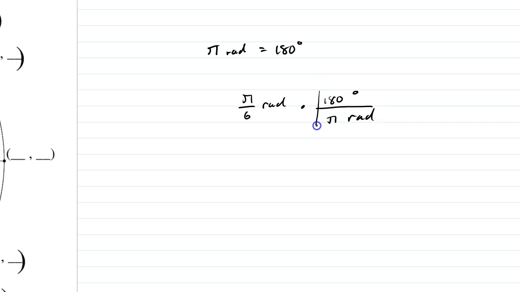The idea here is that 180 degrees over pi radians is actually a fancy one because they're the same thing. But if you have ever taken a physics class before, the units are going to cancel, and so you just times this together to get your total degrees. The pi's are going to cancel, and so this would be 180 divided by 6 degrees, which is 30 degrees.